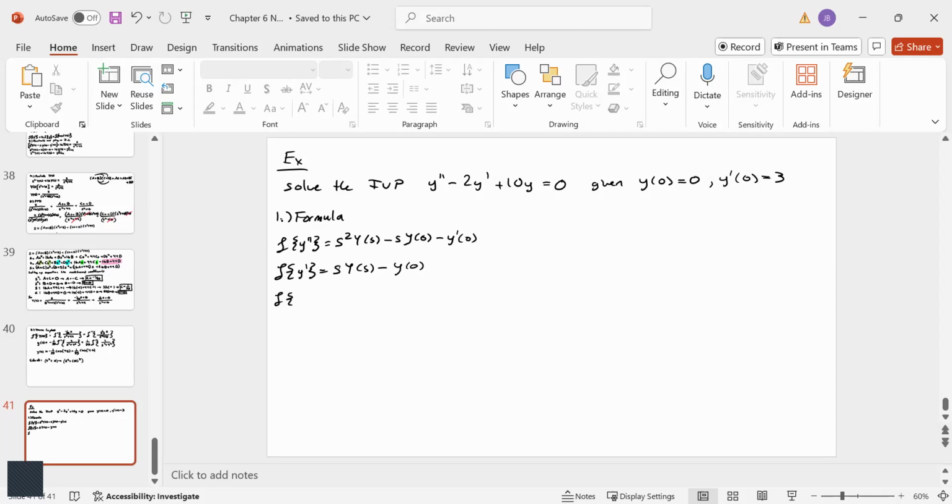And the Laplace transformation of y is y of s. Step two, Laplace transformation. So Laplace transformation of y double prime minus 2y prime plus 10y equals Laplace transformation of 0. And so we get this.